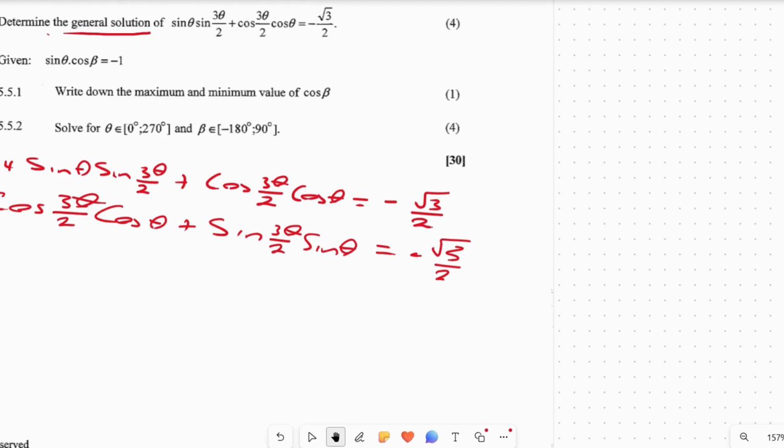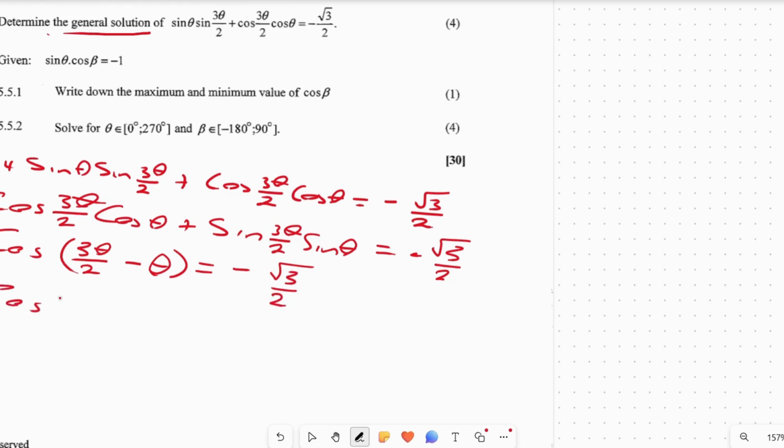Now what I can see is that this looks like the same thing as cos A cos B plus sine A sine B. So it can be simplified into cos of A minus B, which is going to be theta, then this is equal to negative square root of 3 over 2.